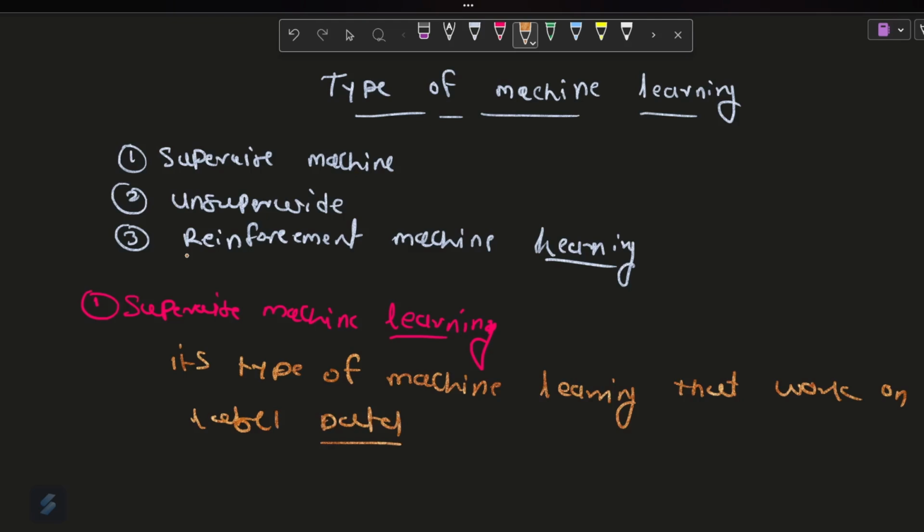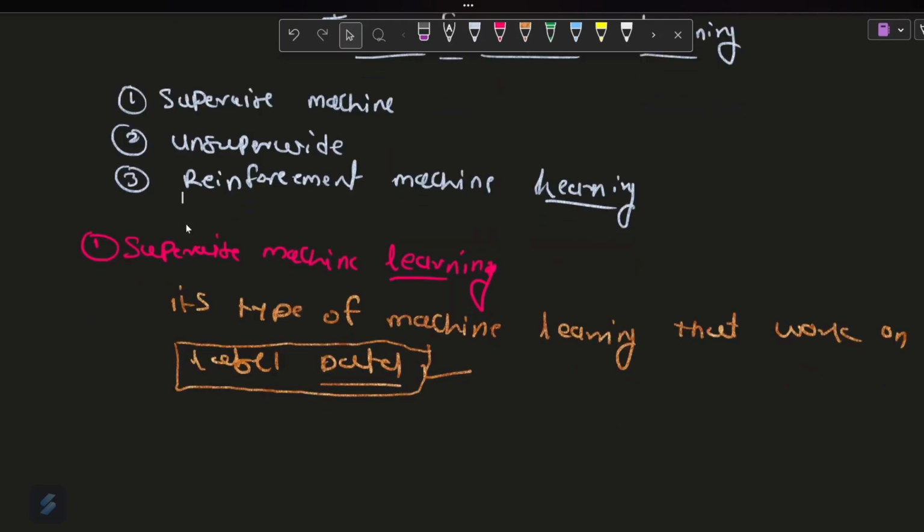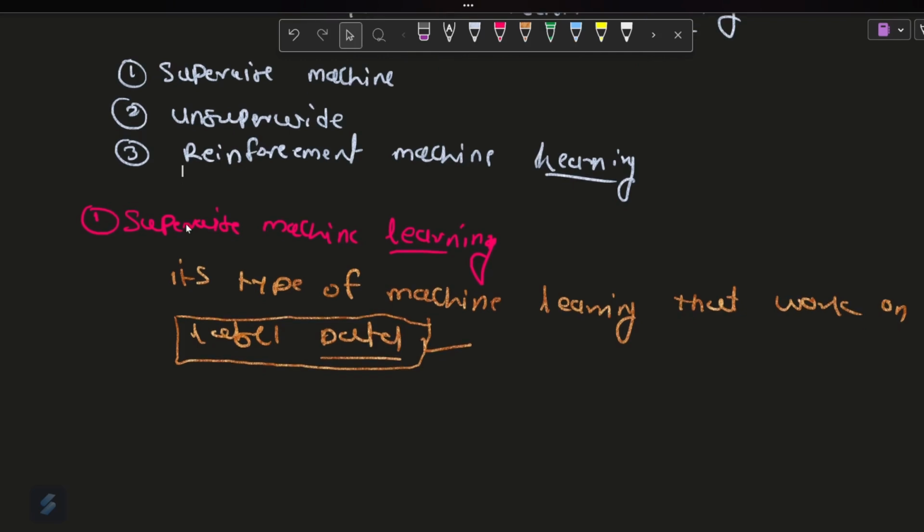What does labeled data mean? In a simple concept, labeled data means we know what your input is and what your output is as well. That is labeled data, and labeling data is a very important thing for a machine learning model.